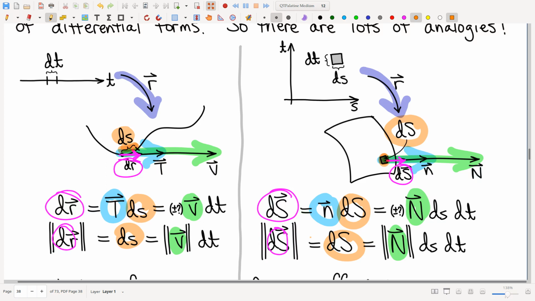So I think this is a really underappreciated point about vector calculus within multivariable calculus classes at the undergraduate level. How strongly analogous these constructions are, I think, is shocking. This is a real jaw dropper for me, and it doesn't get mentioned very much.